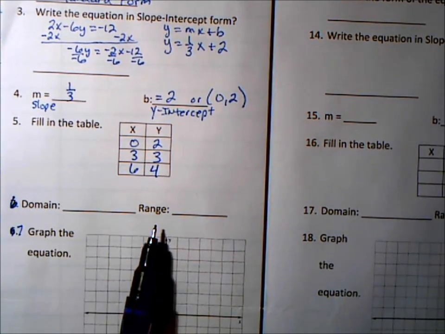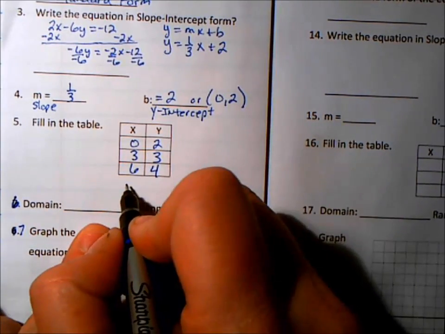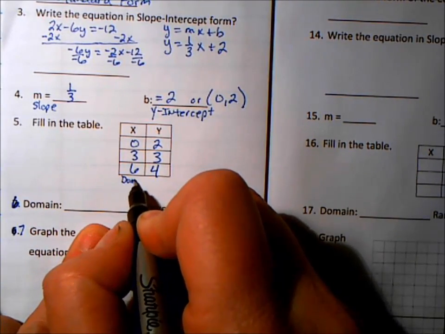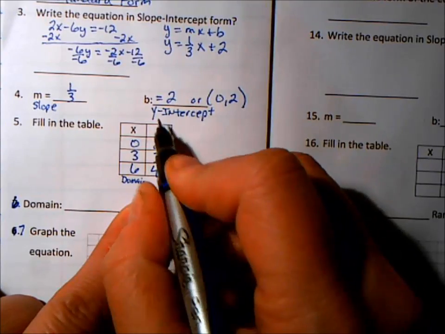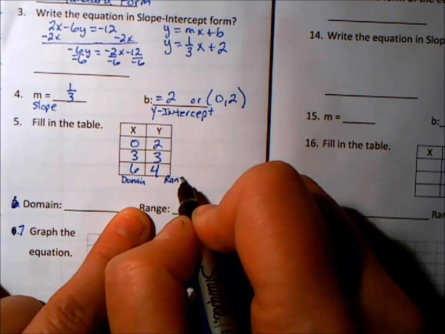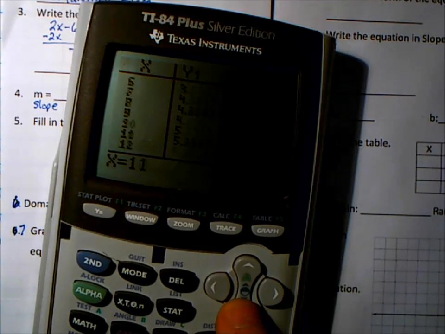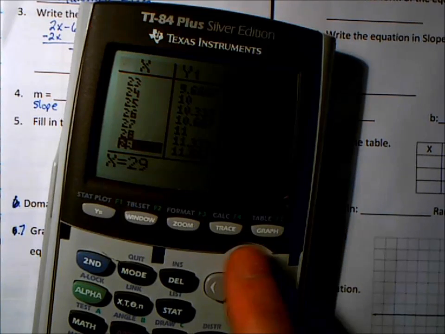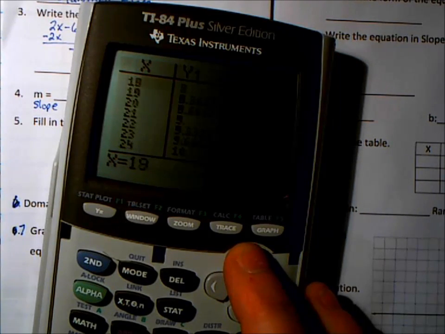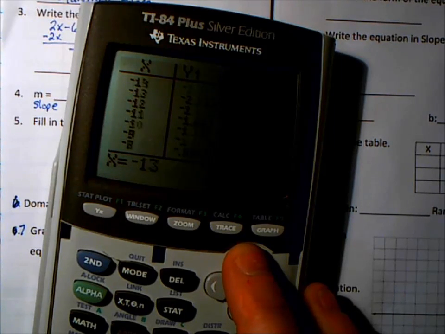It says I want to know the domain and range. Well, remember, your domain were your x values and your range were your y values. And if I was in my calculator, notice I could just scroll and scroll, and this table will never stop in that direction. And if I go in the other direction towards the lower x's, I can go on and on and on, and it will never stop going in the other direction.